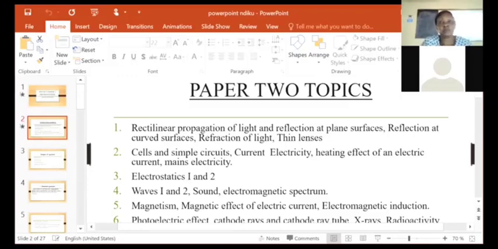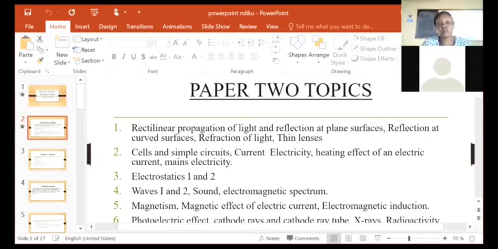We have waves 1 done in Form 2, waves 2 done in Form 3, sound Form 2, electromagnetic spectrum Form 4. Magnetism, magnetic effect of an electric current, those are Form 2, and we have electromagnetic induction Form 4.